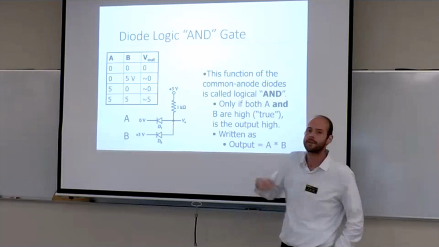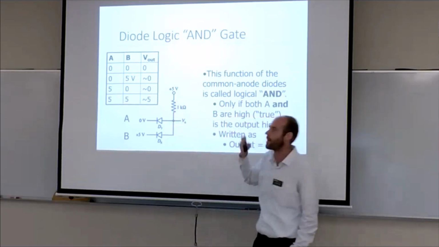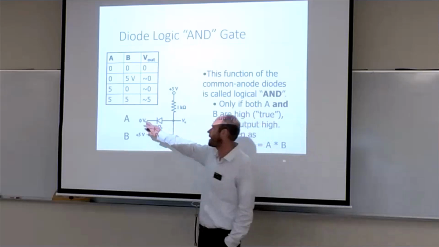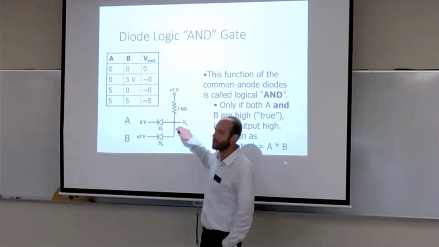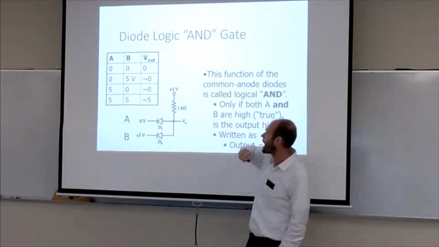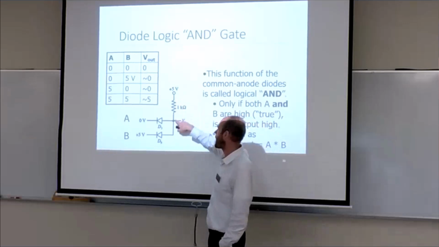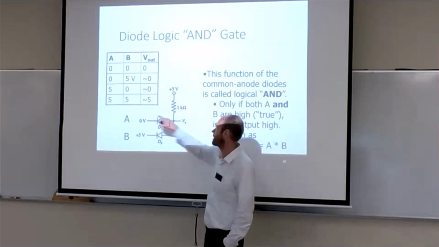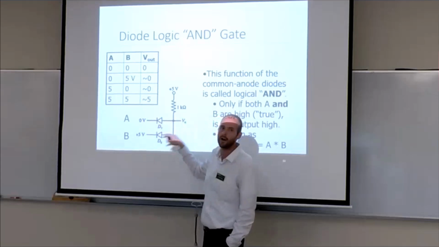All right, and we can do the same thing with a slightly different configuration to get an AND type operation, where if A and B are both activated, then we have VOUT going high. But if one or the other is low, you're going to have the voltage drop here over that 1K and then 0 volts left here because it'll be going to ground on this side.